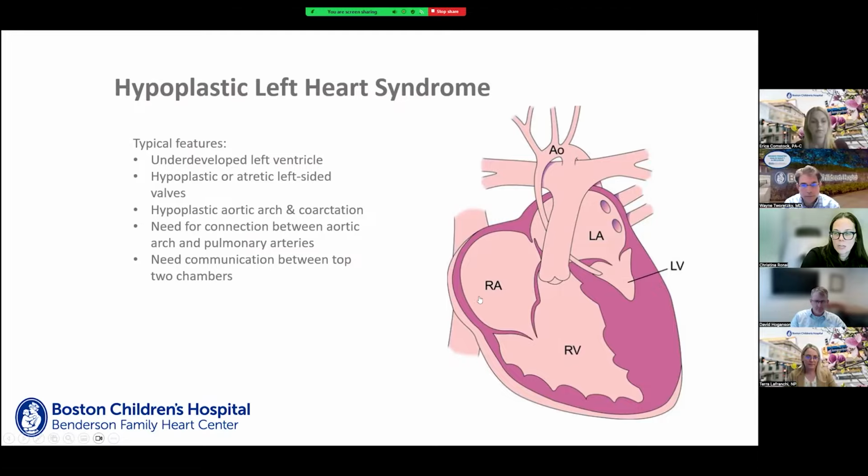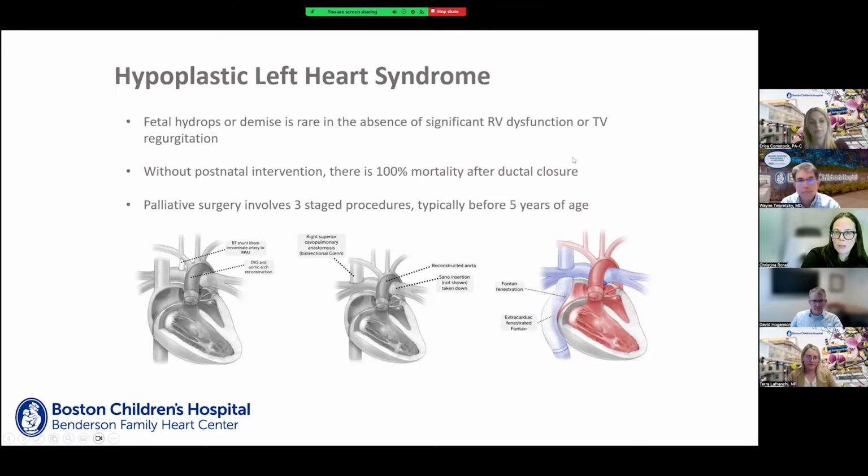And there needs to be a connection maintained between the aorta and pulmonary arteries, which is this ductus arteriosus right here. And you need a communication to be open between the top two chambers, which is a foramen ovale right here. The important thing to know is that for hypoplastic left heart syndrome, often the fetus is very healthy while in utero.